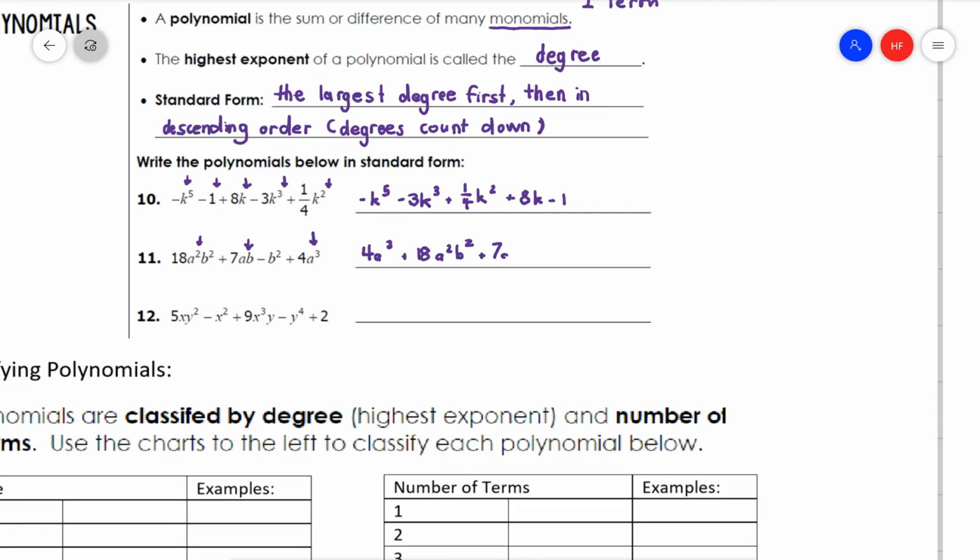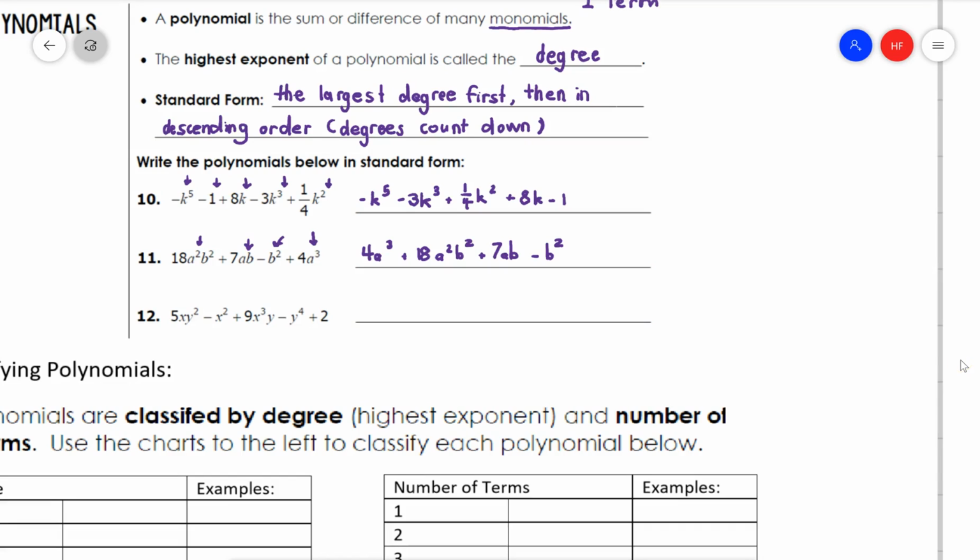Then the 7ab, since a and b just have a power of 1. And then we put our last one, which looks like it would be out of order, but when we have more than one variable, we want to make sure that we have the variables in alphabetical order. So a alone, ab, and then b.